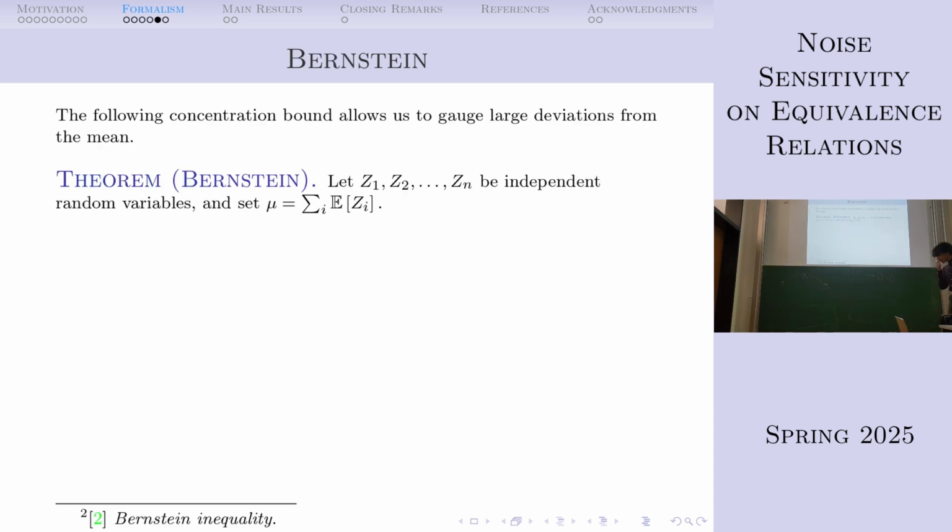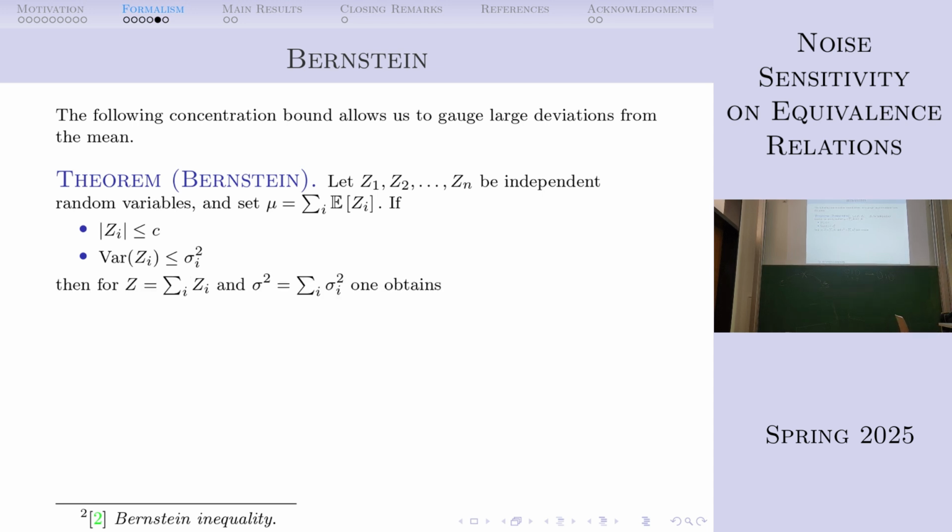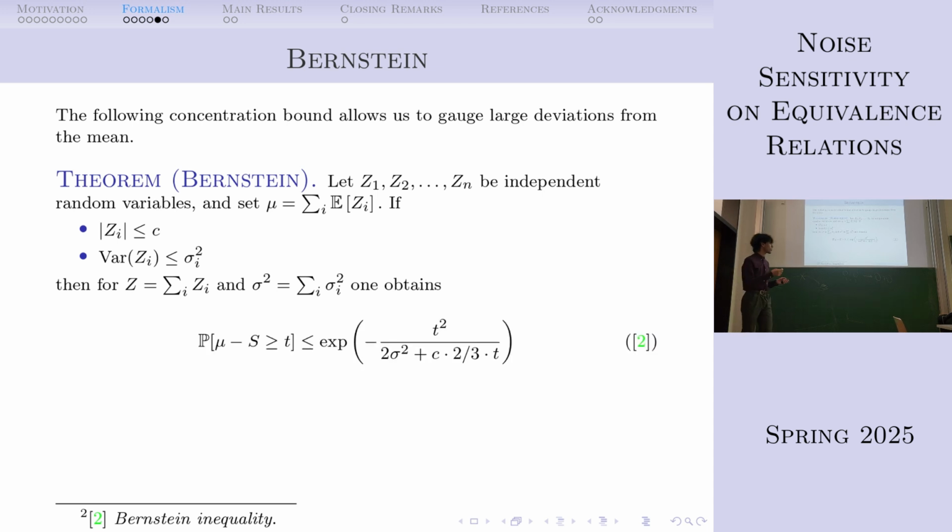And so we have this theorem, or this concentration bound by Bernstein, which says that if you have independent random variables which are bounded, and their variance is less than sigma squared, some constant, then if you set Z to be the sum of all of these random variables, in that case we're summing up all the terms in xi hat, which is the gap, and we'll see how we apply this.